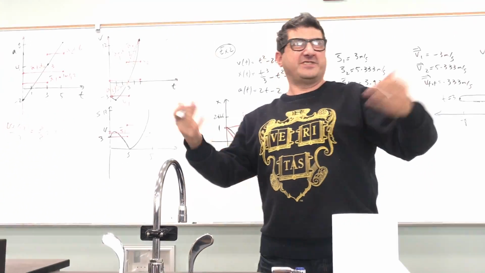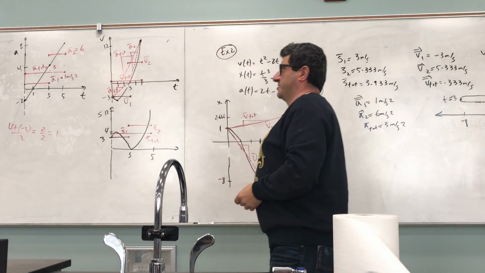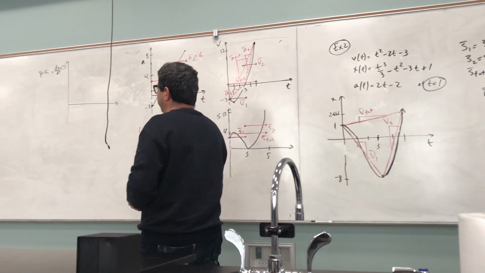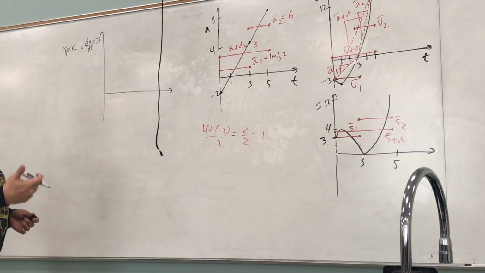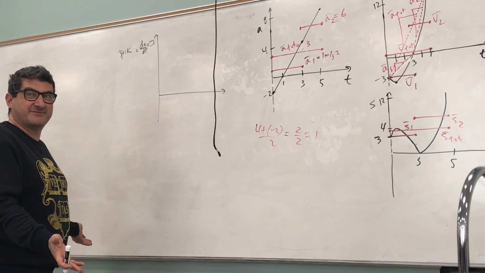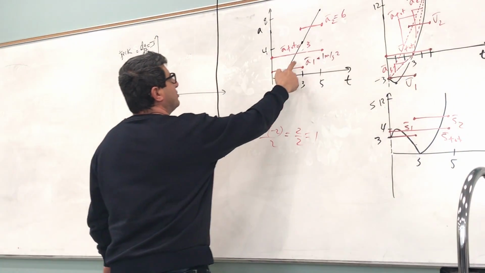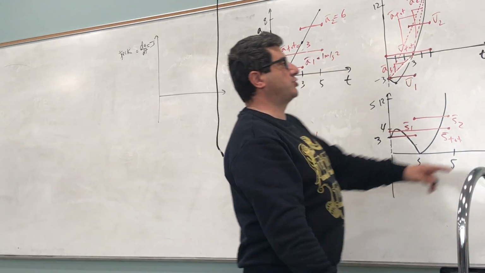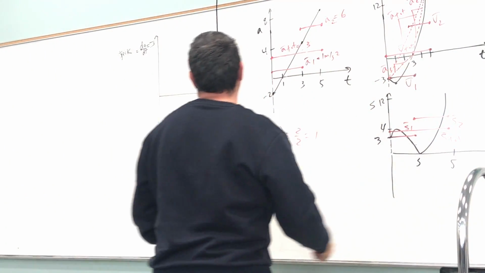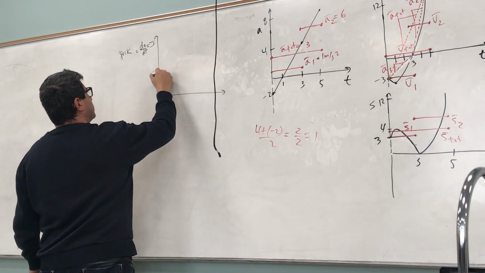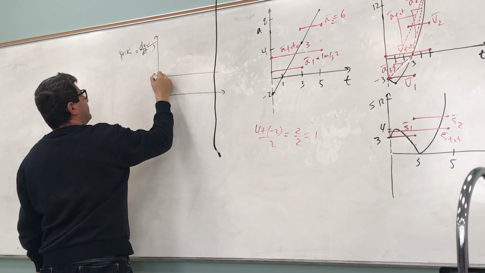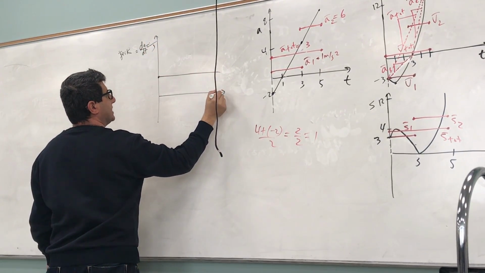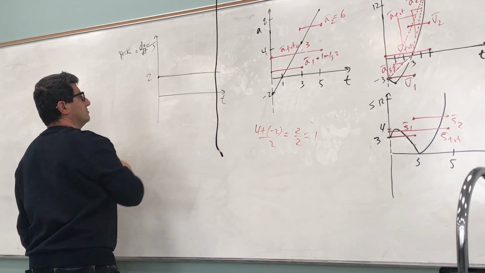I'm the derivative of acceleration, and they'll go, you jerk. I'm the rate of change of the rate of change of the rate of change of position as a function of time, right? So in this case, the derivative would be 2, right? Which would be like this. So J as a function of time, 2.